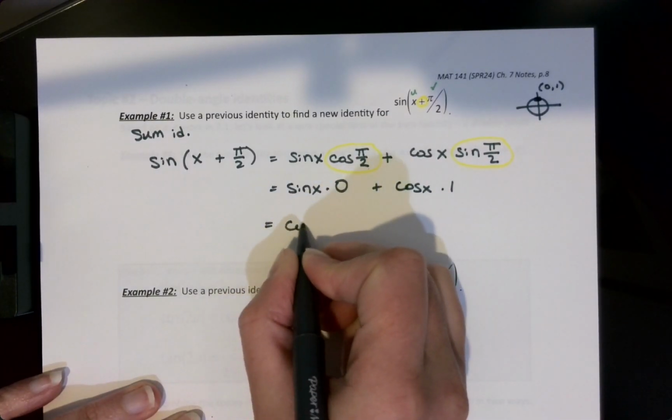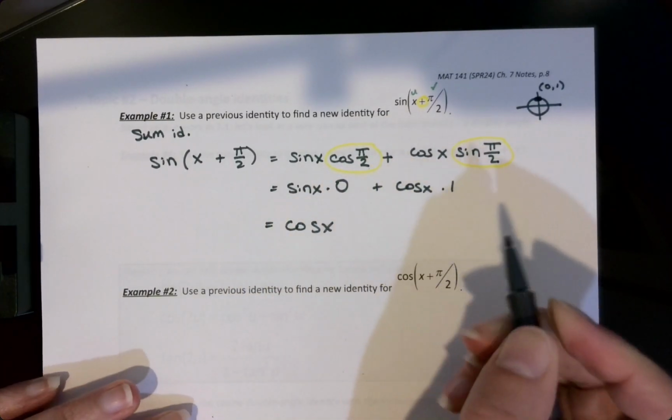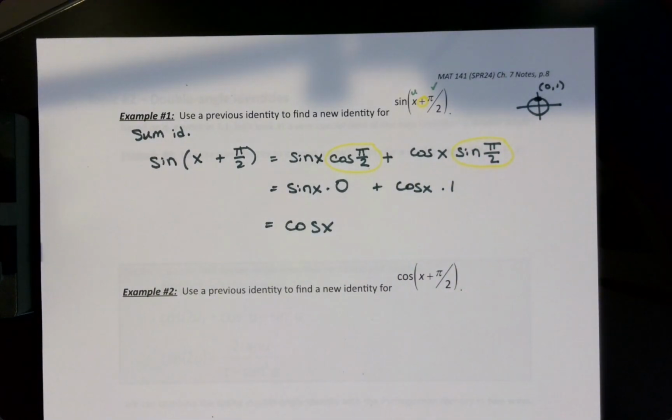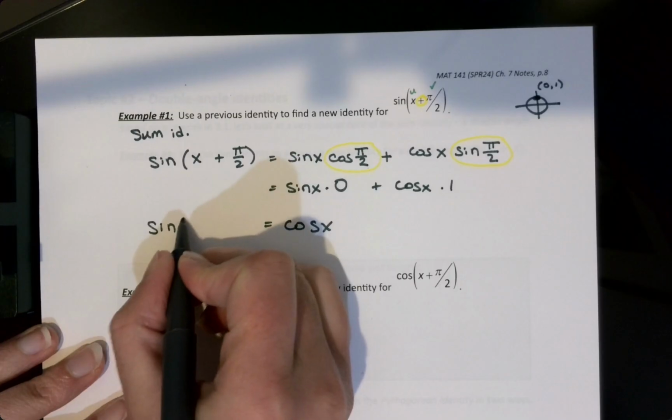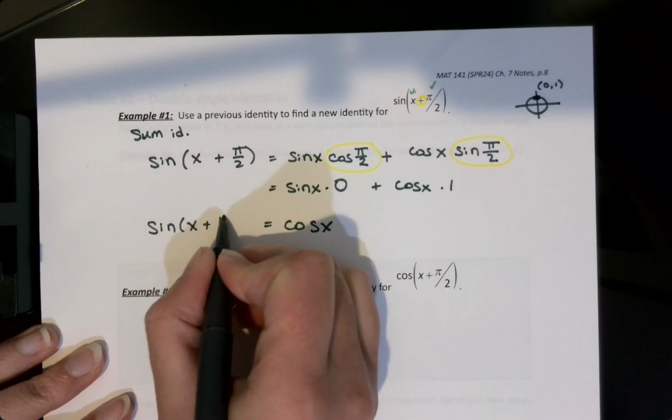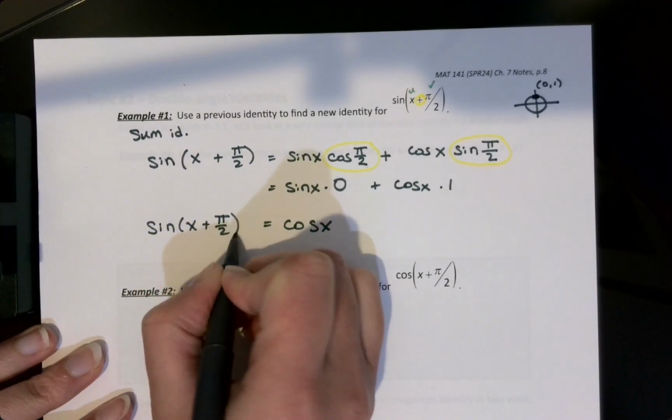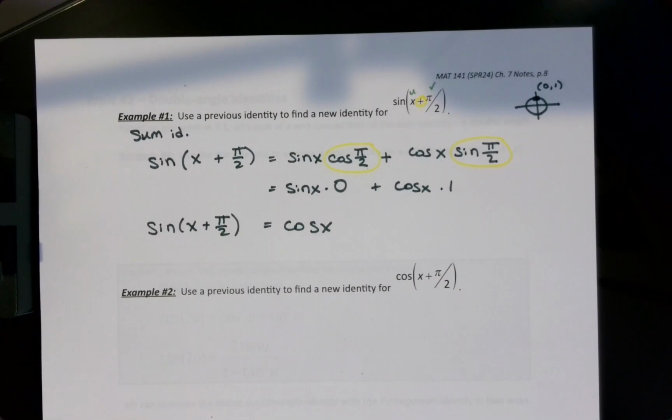So this is going to be equal to cosine of x. So our new identity, I'm going to rewrite the left-hand side, is that sine of x plus pi halves is equal to cosine of x.